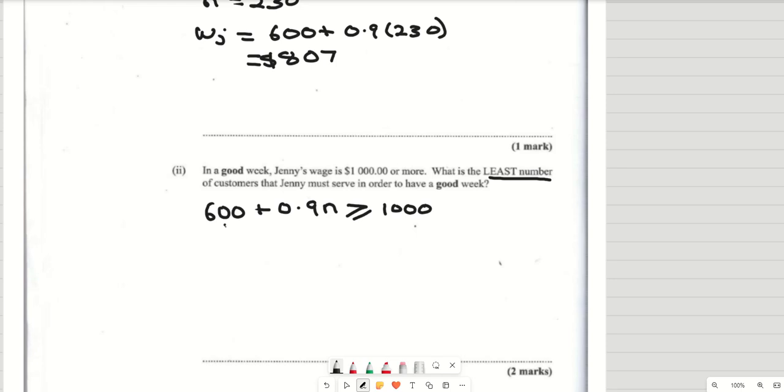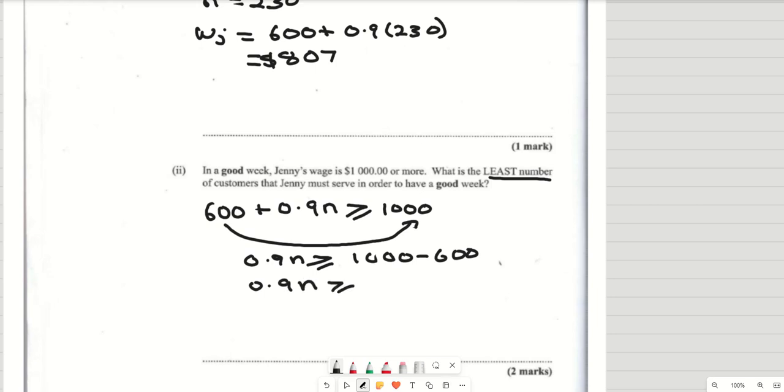So if you carry across 600 over that sign, 0.9n is going to be more than or equal to 1,000 minus 600. So that is 0.9n is more than or equal to 400. Then you want to make n the subject.